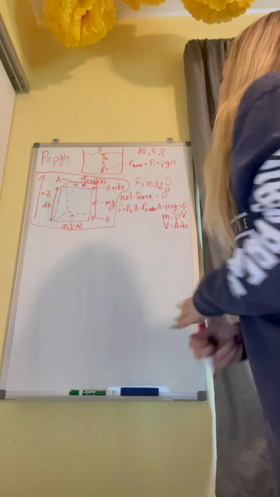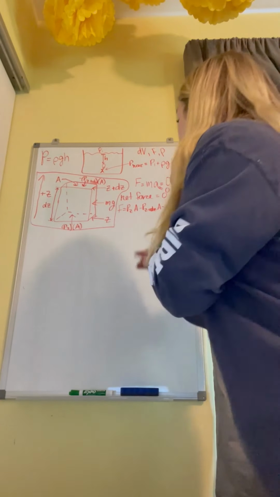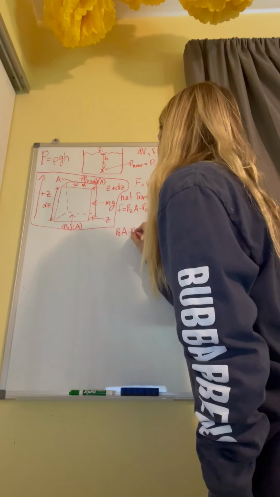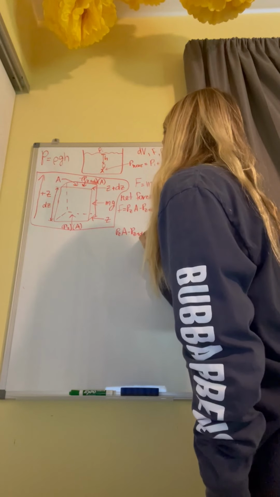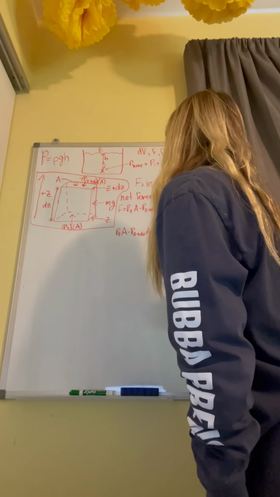So if we were to plug in for our new m and our new v, we would have P(Z)A minus P(Z plus dz) times A minus rho times A times dz times g.